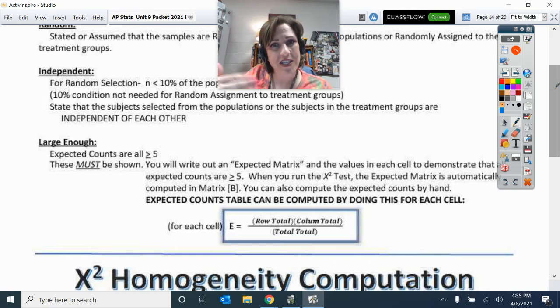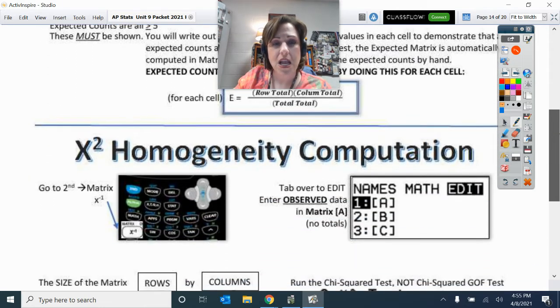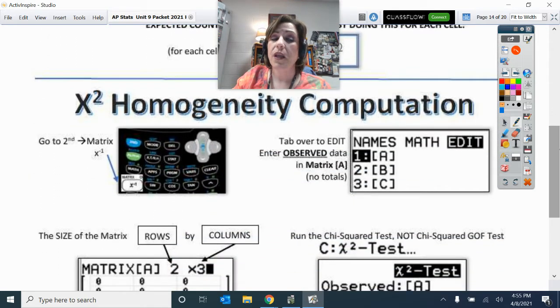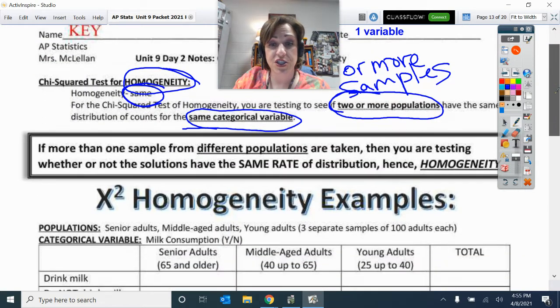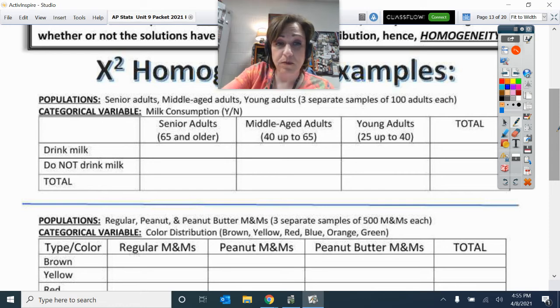Let's look at how this works out and how we're going to organize our data and do this in our calculator. So grab that calculator and here we go. First and foremost, as you've noticed on the previous page, our data is organized in a table of values with 2 different headings, not just observed and expected.